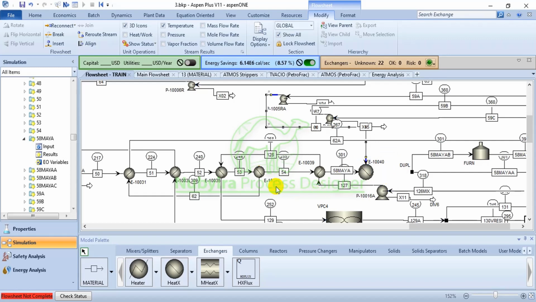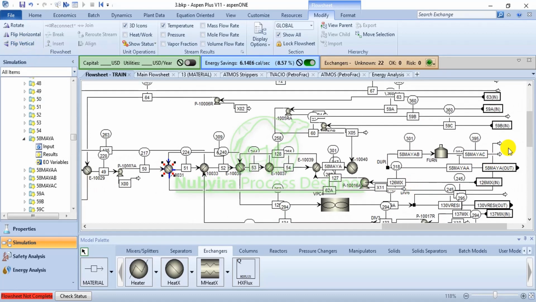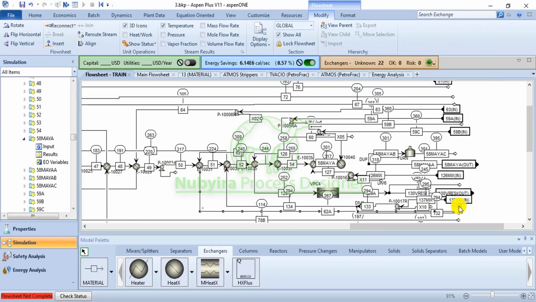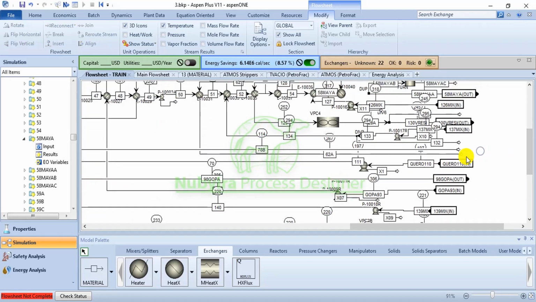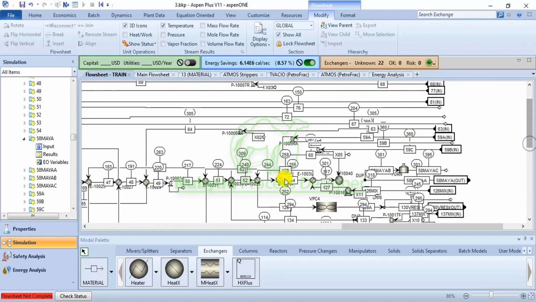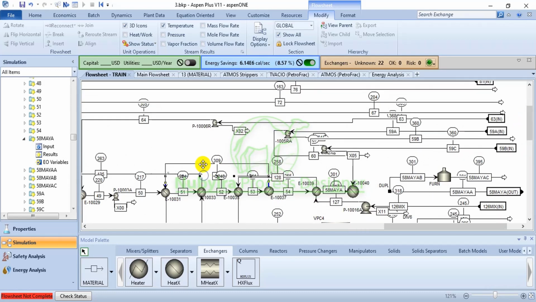And to make this better, let me do something over here. I'm going to draw it over here. Okay, it's better like this. And I'm going to draw this up so that it is reasonable.